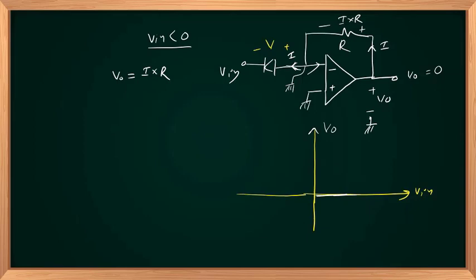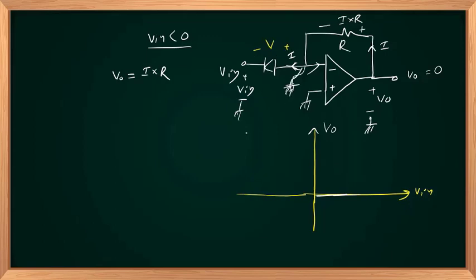And that I flows through the diode, and if V in is negative, the diode is forward biased, so there exists a forward current, and V in is appearing between this polarity and ground. So this is also at virtual ground.